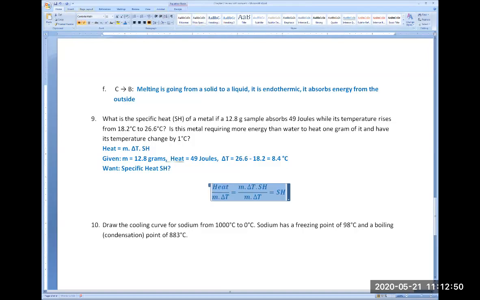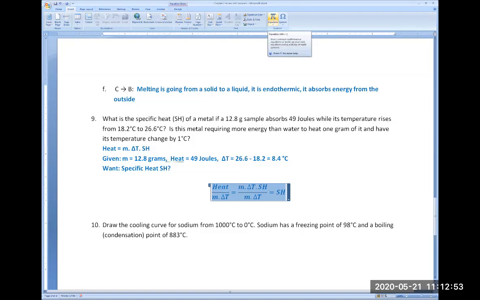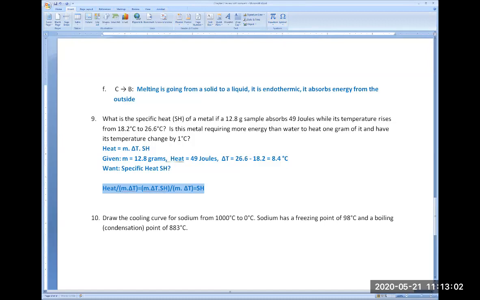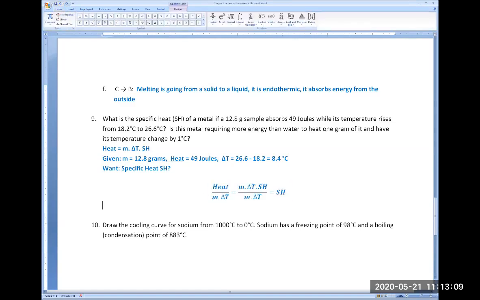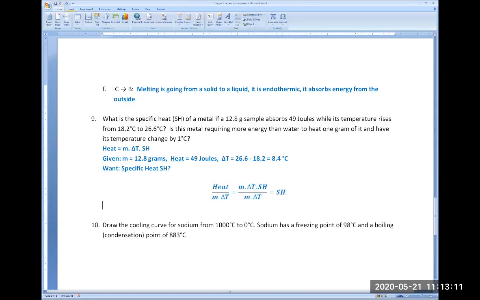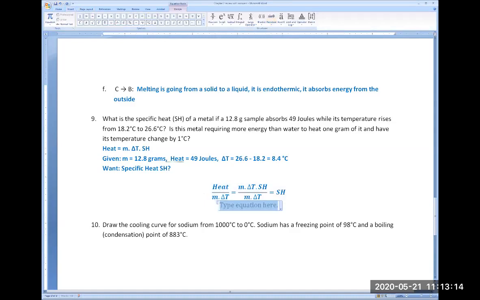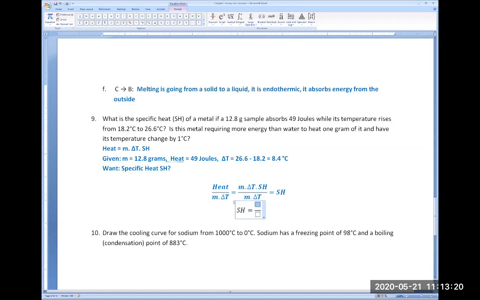So now if we are ready to plug in the values, our specific heat will be in units of joules per gram per degree Celsius, which is fine. Let me insert a new equation. So SH equals, I need to have the heat on top, and that's 49 joules.